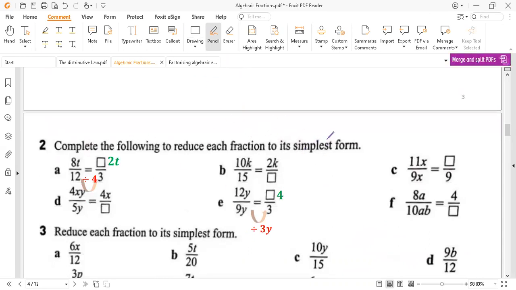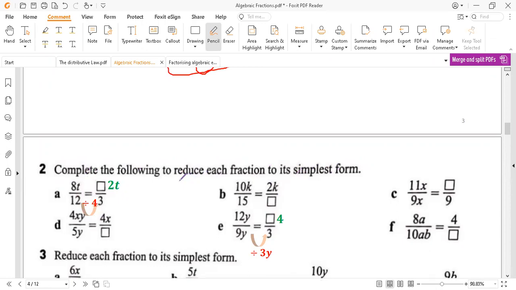And when we want to simplify or to obtain the simplest form of a fraction, we divide both numerator and denominator by the highest common factor. The highest common factor between 8t and 12, for example: 8 can be written as 2 cubed, so the numerator is 2 cubed t, and the denominator can be written as 2 squared by 3.